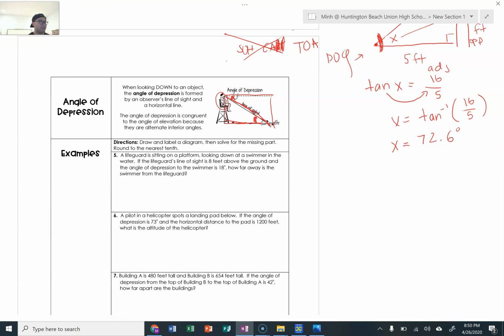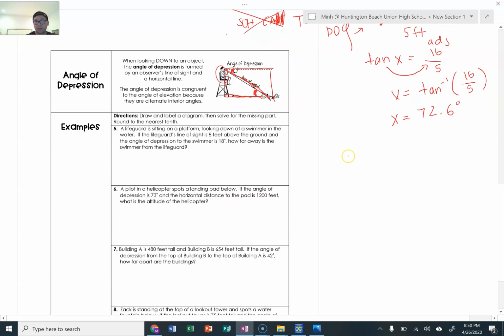So I got number 5. Number 5 says a lifeguard is sitting on a platform looking down at a swimmer in the water. So you have a little high chair right over here, and then you have someone sitting on it looking down at a swimmer. So you got some water, you got your swimmer right over here.